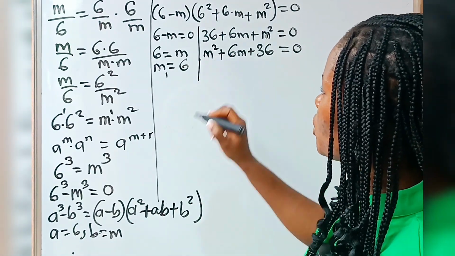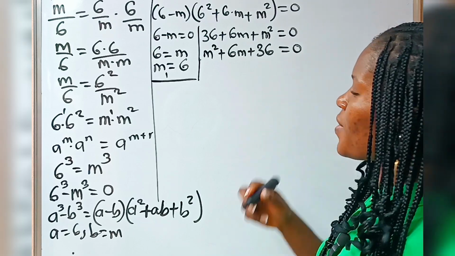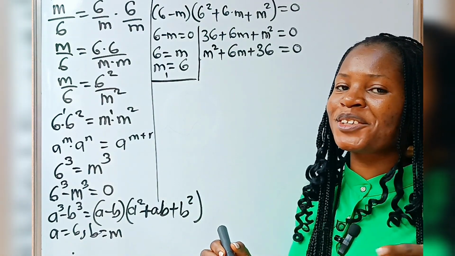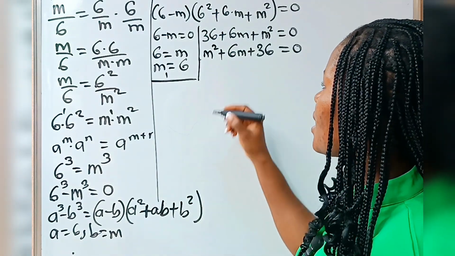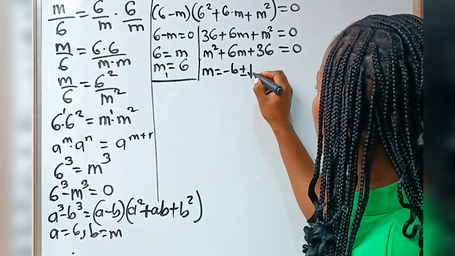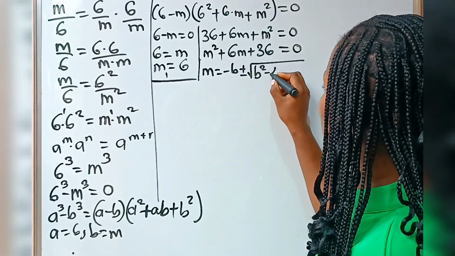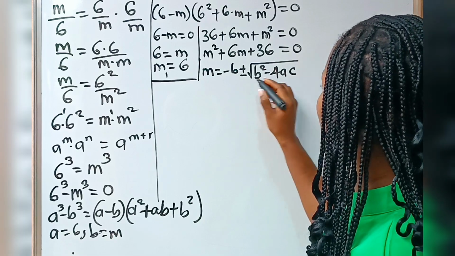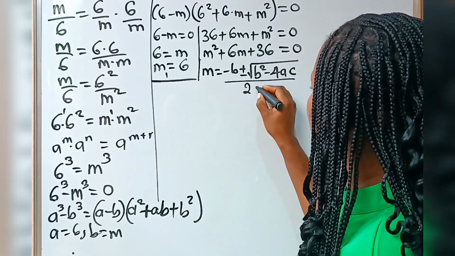At this juncture, we are going to use the quadratic formula, which says that m should be equal to minus b plus or minus the square root of b squared minus 4ac, everything divided by 2a.